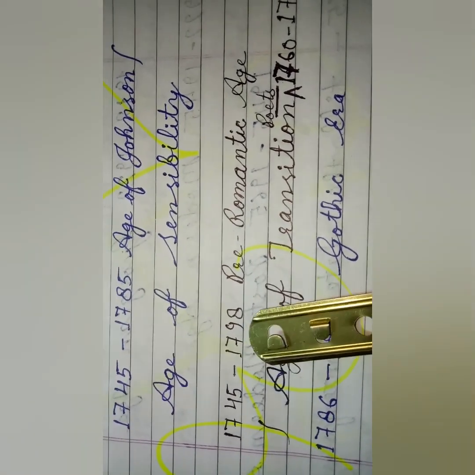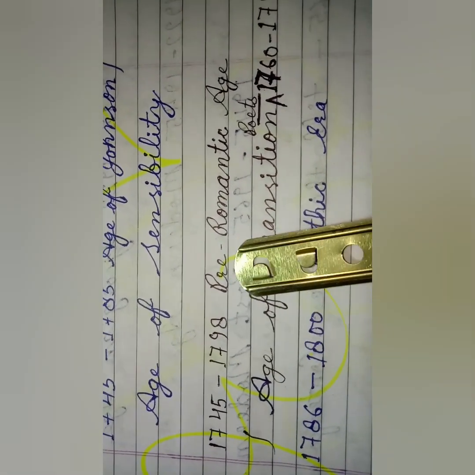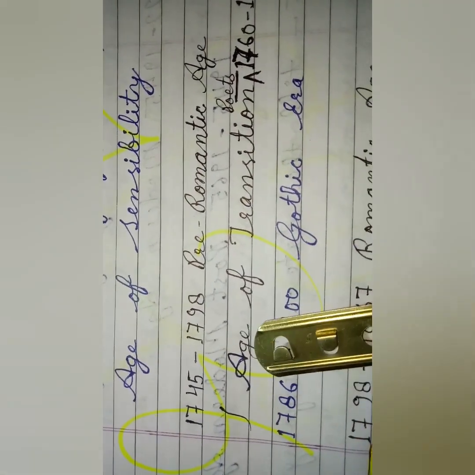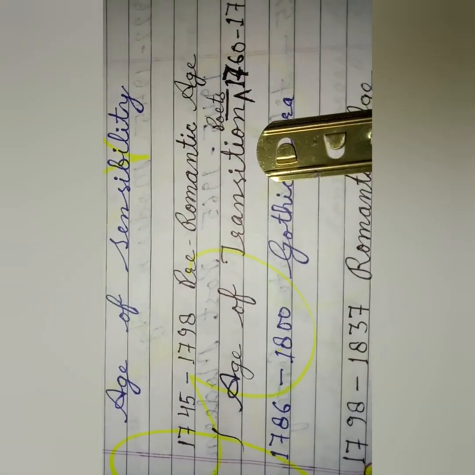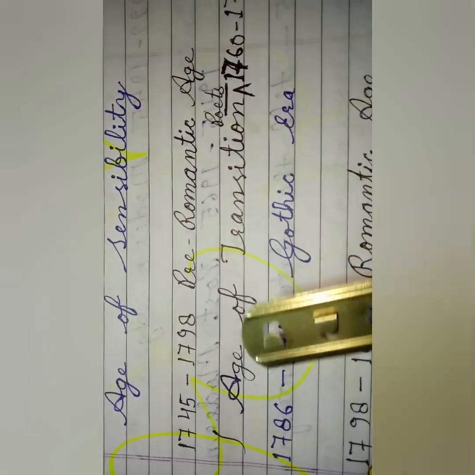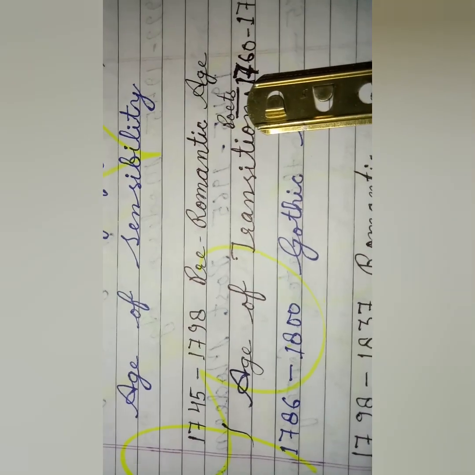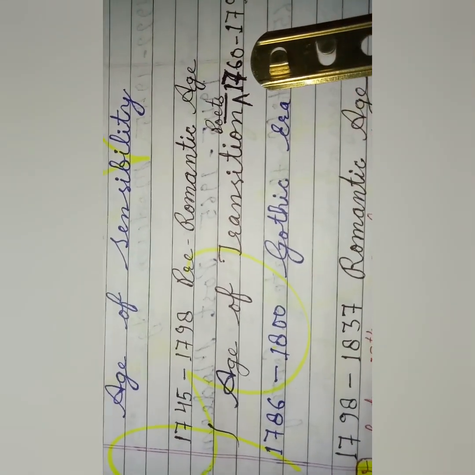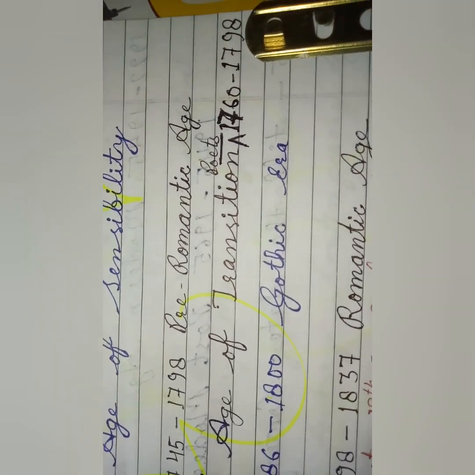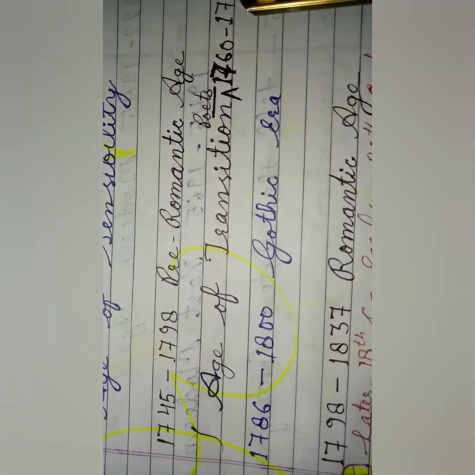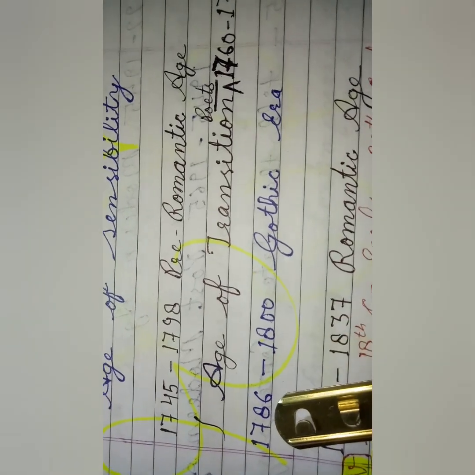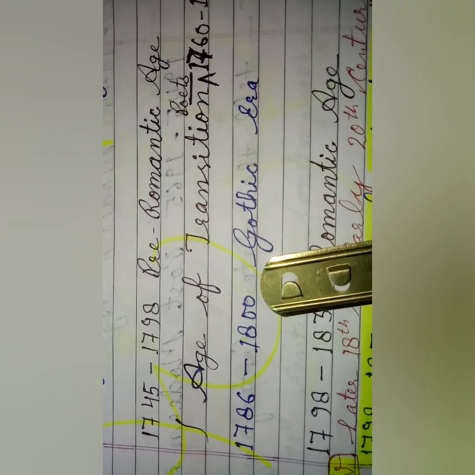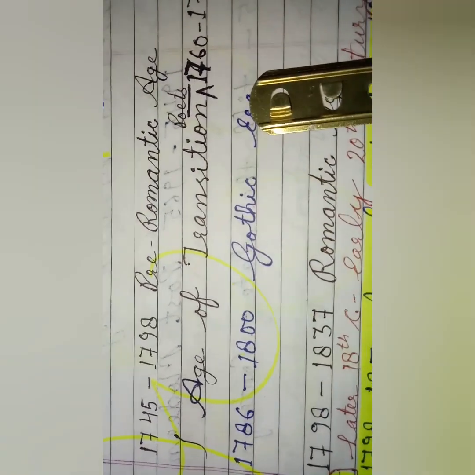The Pre-Romantic age is also known as the age of transition poets, or transitional poets, 1760 to 1798. The next one, 1786 to 1800, is the Gothic era.